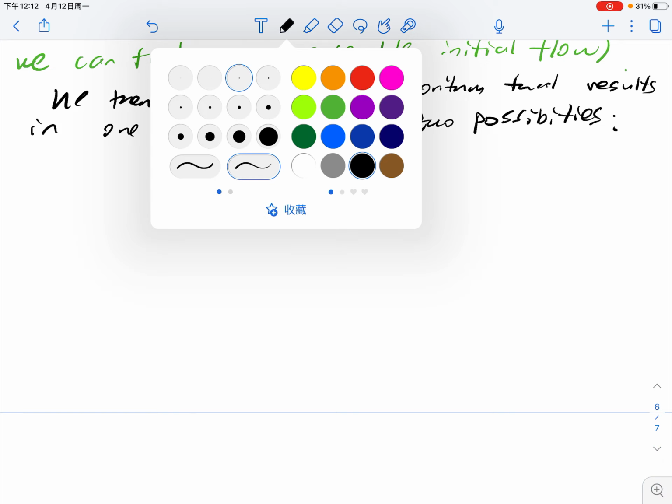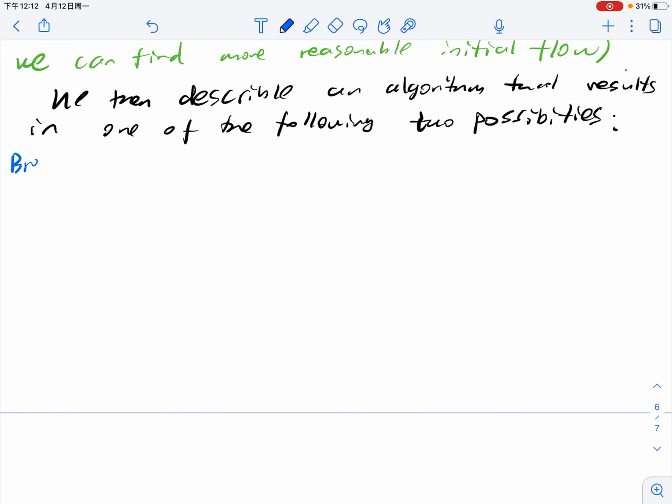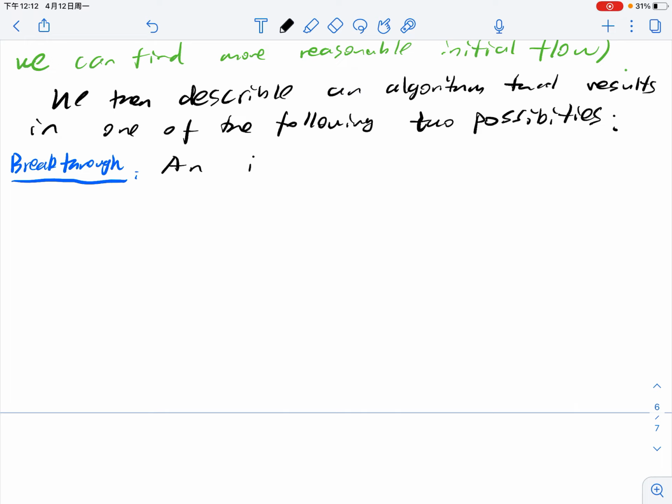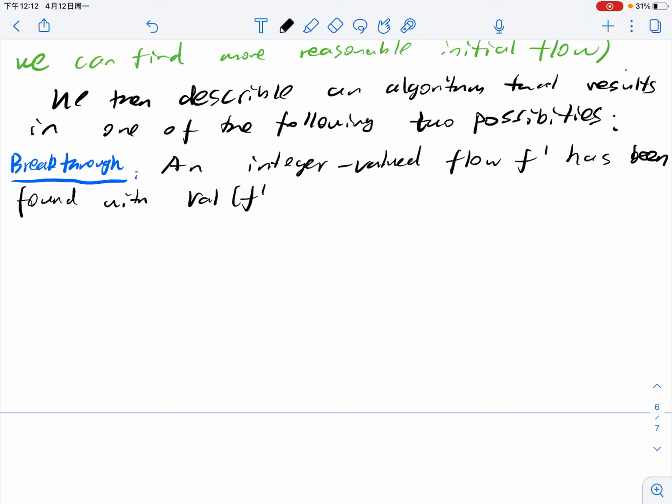So one is called breakthrough. In other words, you improve the flow a little bit. An integer valued flow f hat has been found with value f hat equals value f plus 1.